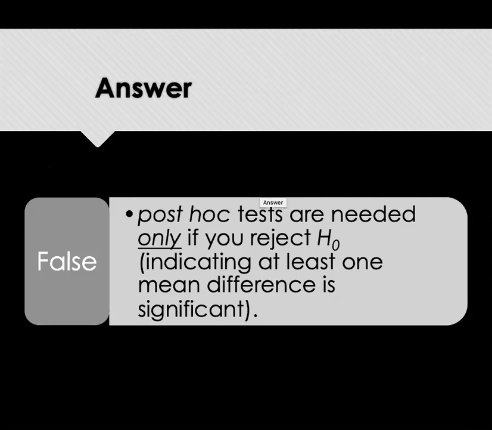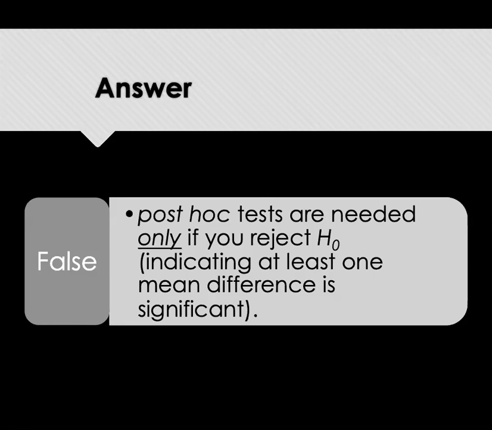So recall when you're doing an ANOVA, rejecting the null hypothesis means that there's at least one mean that is different from another. And we don't know from the ANOVA itself which one is different from another, but we know that there's at least one difference that's significant.